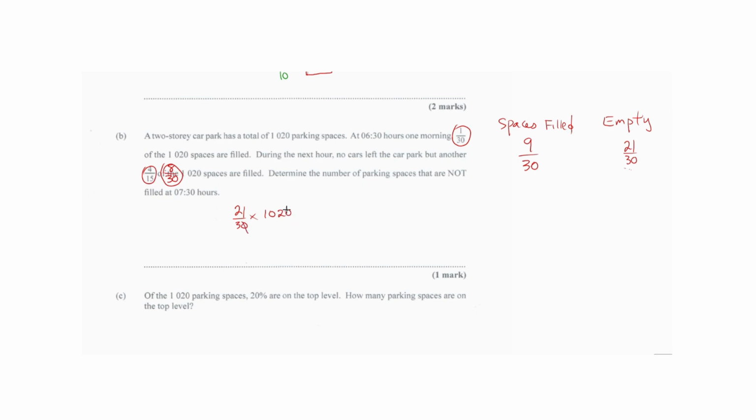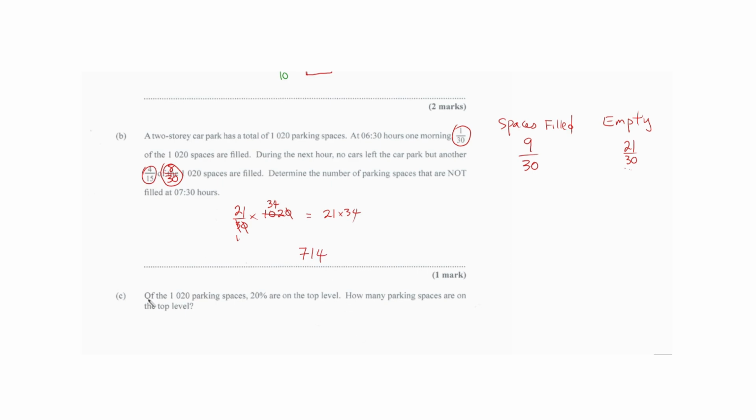We can divide by 10 here, we cancel. 3 into 102 there is going to give me 34. So what we have is 21 times 34. 21 times 34. And that gives 714.